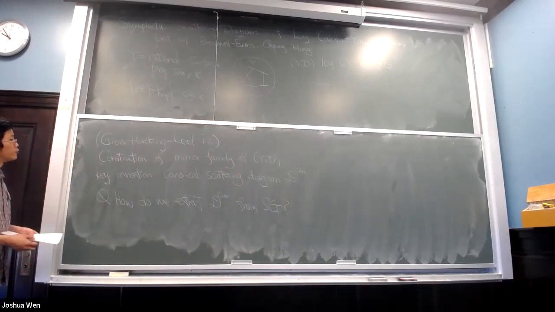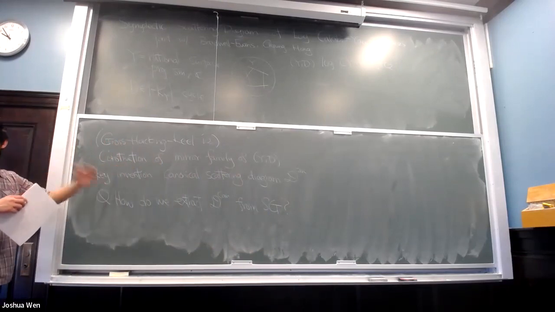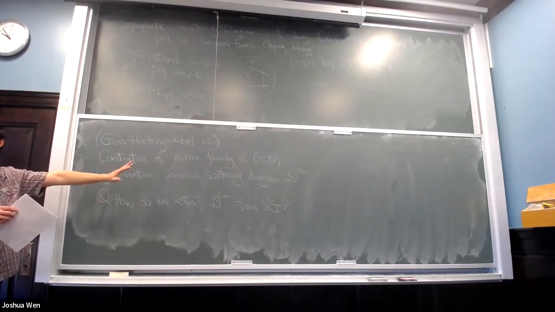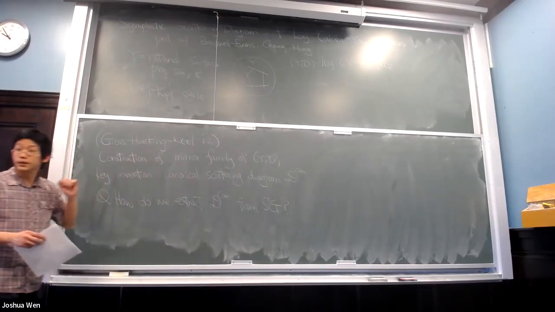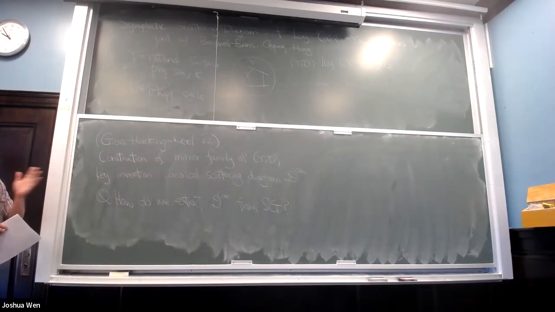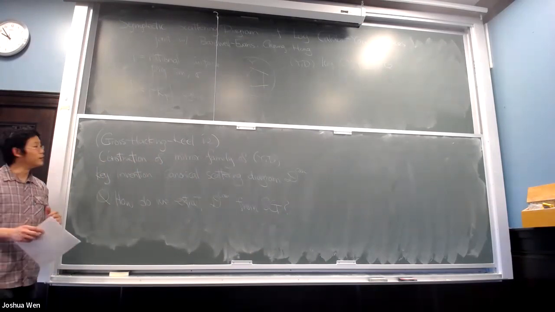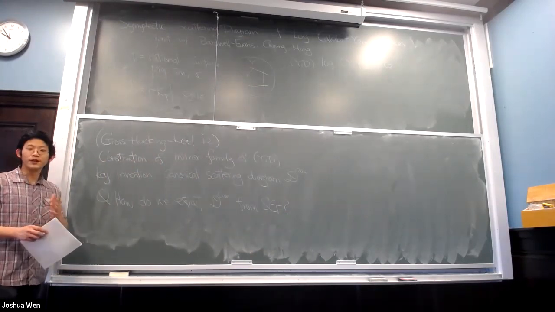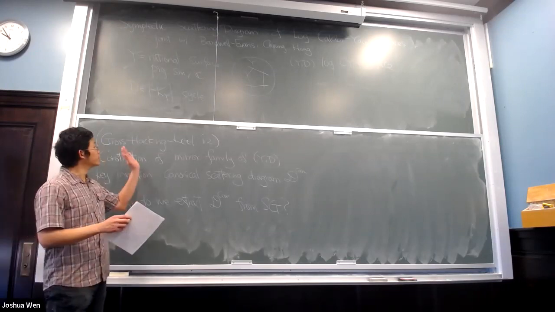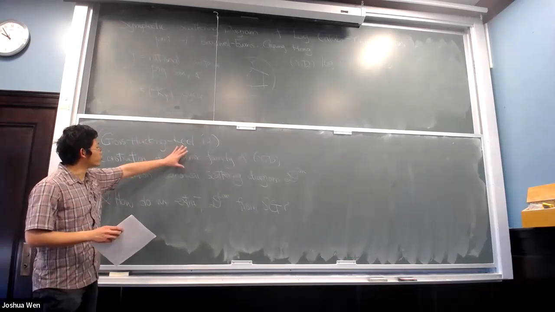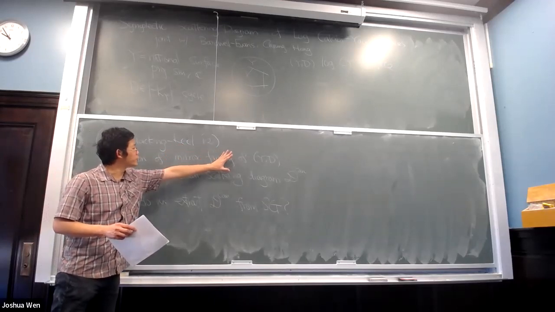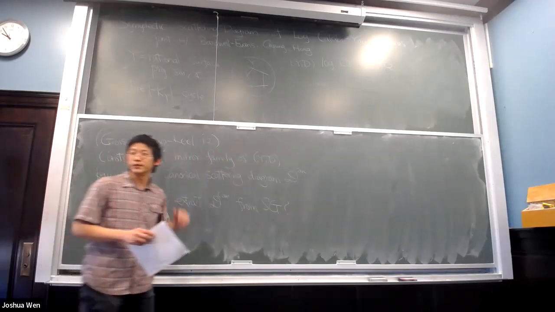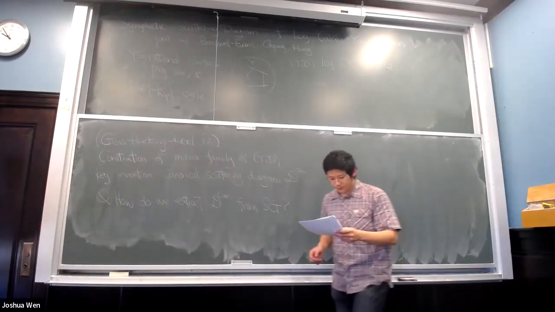Once you have the scattering diagram, there is a procedure to construct a mirror family. The key point is how we get the scattering diagram. There is also later work of Yan and Lai, who extend this to construct a completion of the mirror family together with the superpotential.